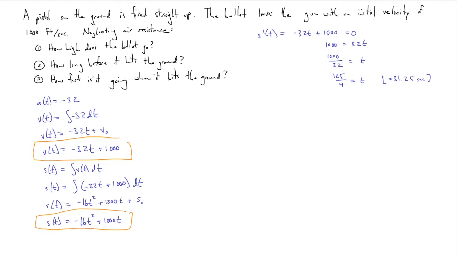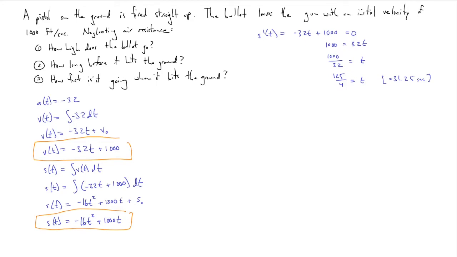It's easy to see that this critical point is a relative maximum because the second derivative of the position function is the acceleration function, which is negative 32 everywhere. So even in particular at t equals 125 fourths, the second derivative is negative, and so there's a relative maximum. But we still haven't answered the question, how high does the bullet go?